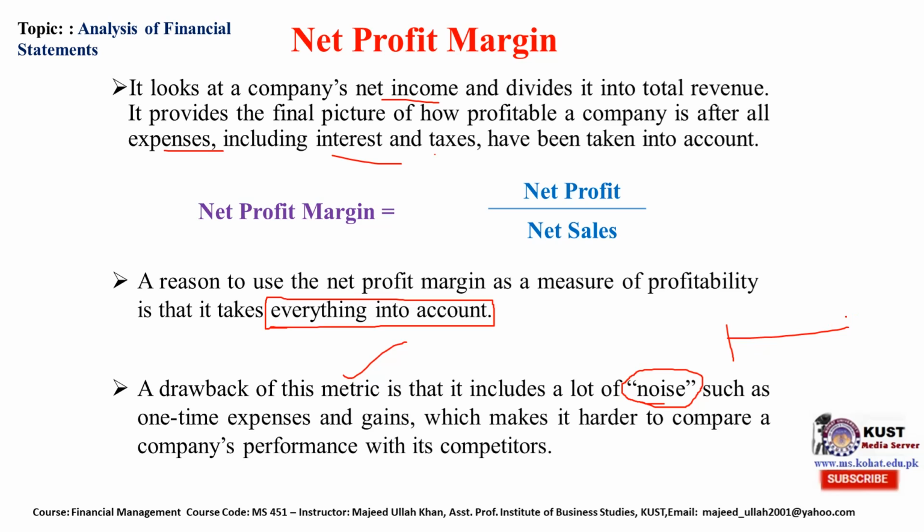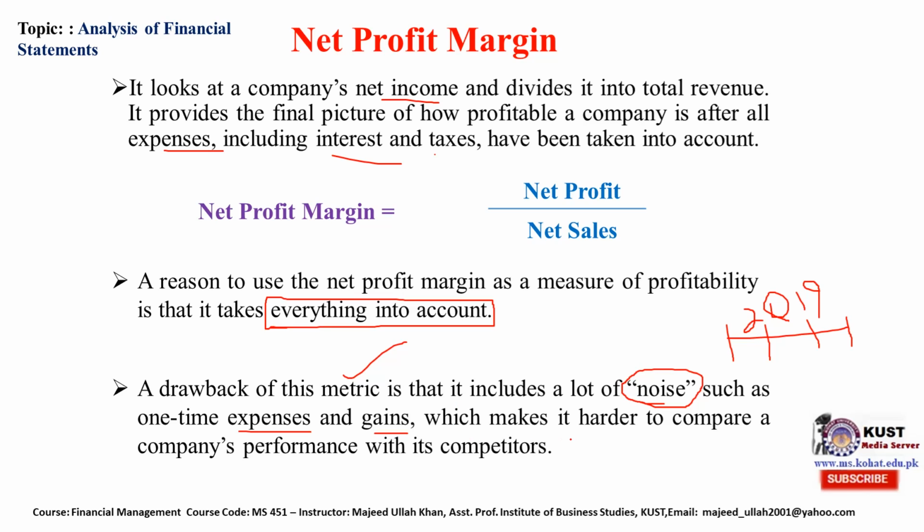For example, if the company sells any of its fixed assets and earns profit from the disposal of the fixed asset, it will also be included. So this is a one-time activity, not recurring. If the company discontinued its operations during 2019 and earned some profit from discontinuing the operations, this is a one-time activity, and it will also be included in the net profit margin. Such one-time expenses or one-time gains are included in net profit.